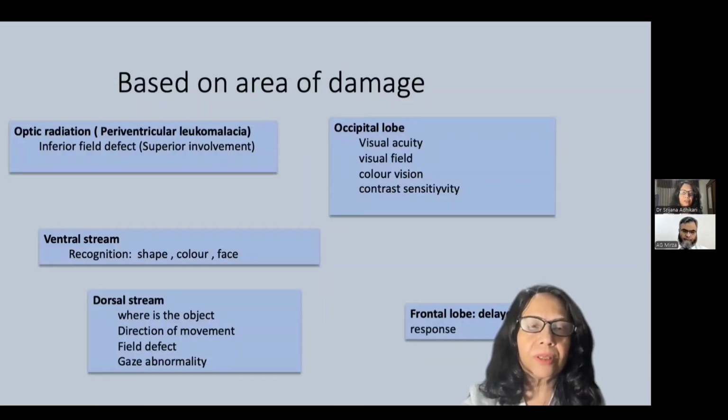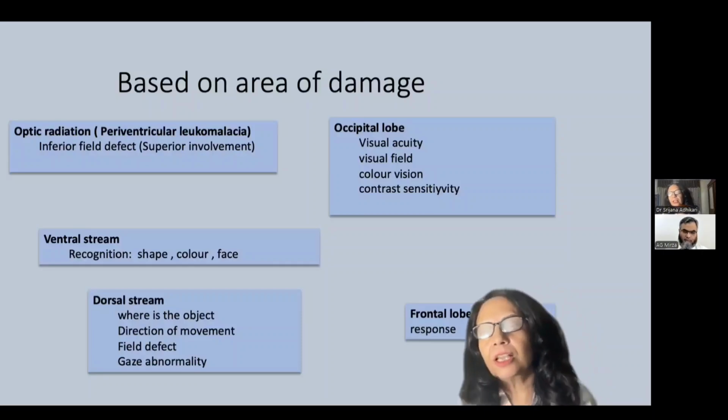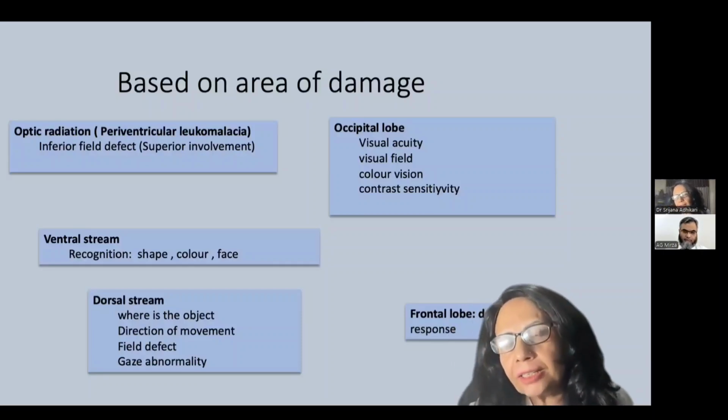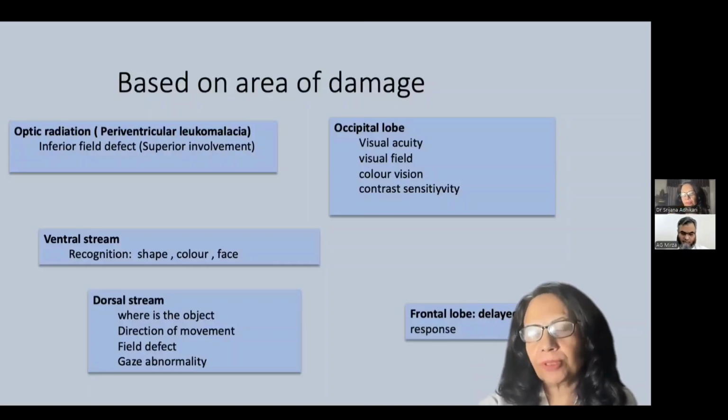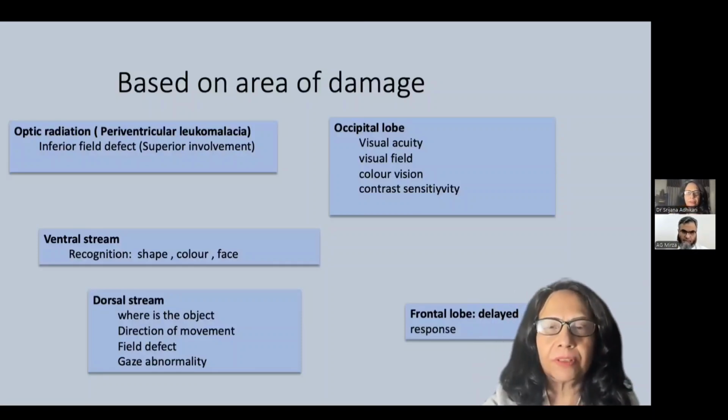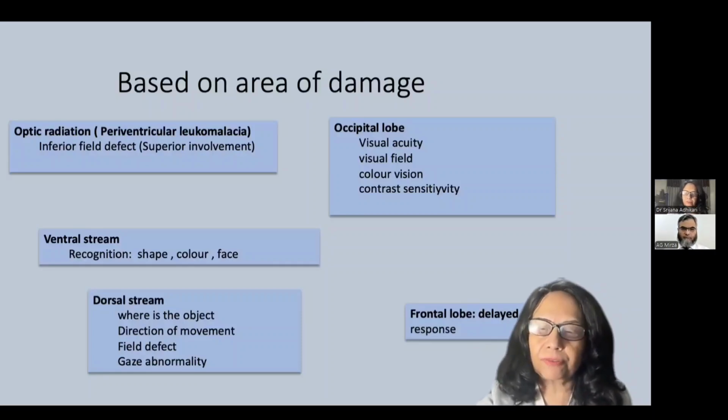If the dorsal stream, toward the parietal lobe, is damaged, then the 'where is the object' function is impaired, along with direction of movement, field defects, and gaze abnormalities. And if there is a frontal lobe defect, then there can be a delay in the response to visual information. So these are some of the things that occur in CVI based on the part of the brain that is affected.